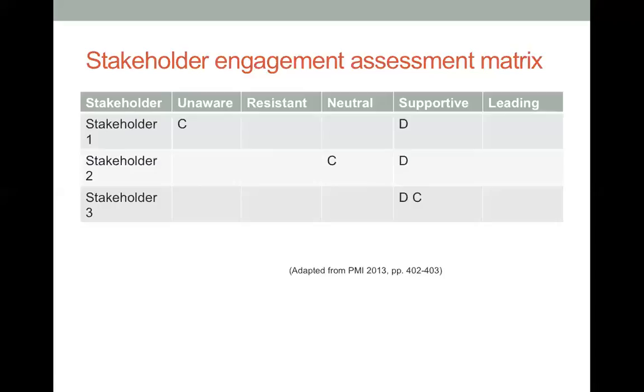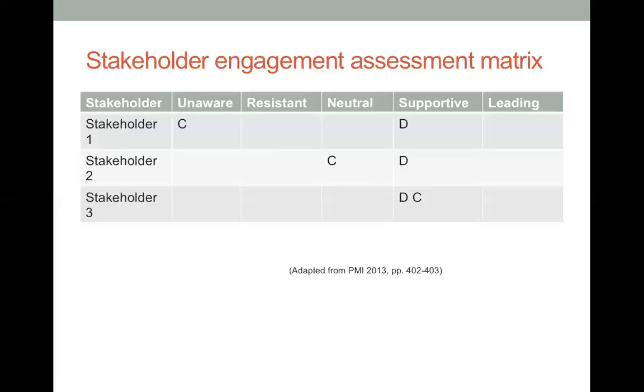Now, this template is basically taken from the Project Management Institute, who published the PMBOK, Project Management Body of Knowledge. So this helps us to manage the engagement with the stakeholders. Now, in reality, there may be some people involved in our risk management plan that we can't change to be supportive.